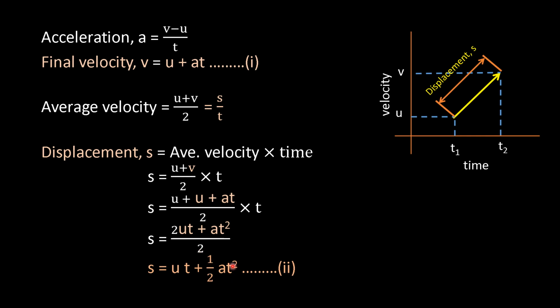So in this way we get our second equation of motion, which is s equals ut plus half at square, and we name it 2, and we show it here. This is displacement s during time t.